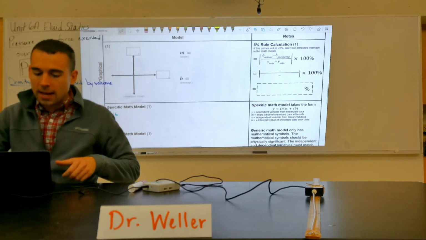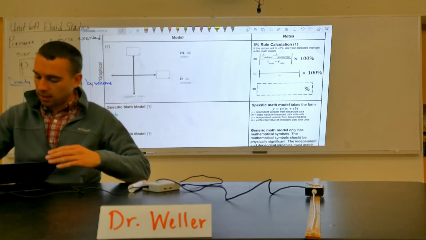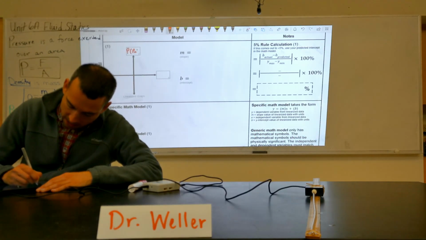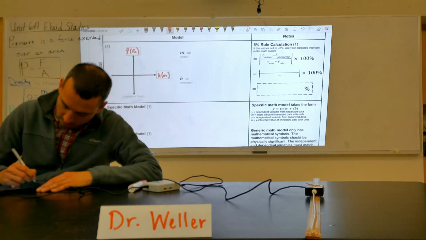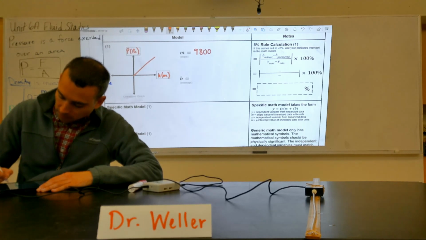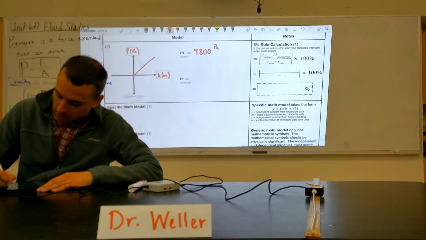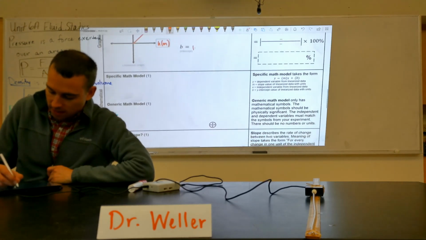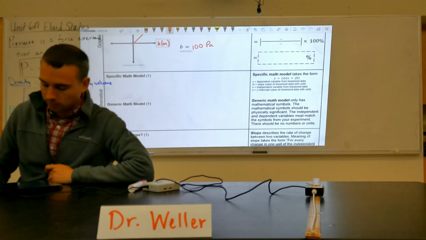And so my slope, when I ended up doing this calculation and plotting it, pascals versus H in meters, gave me a straight line from 0. My slope ended up being 9,800 pascals per meter. That was what I got. And sure, I'll say my intercept was 100 pascals.